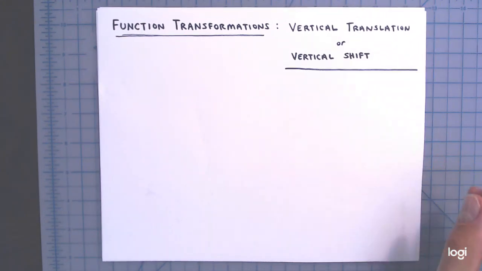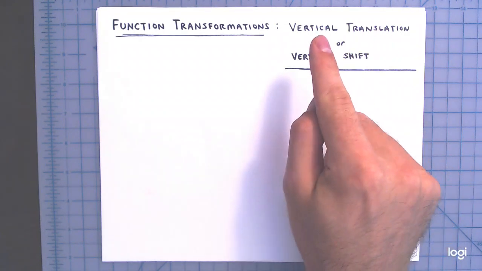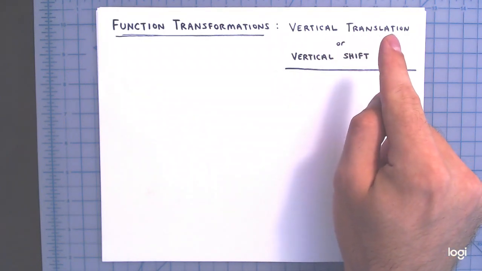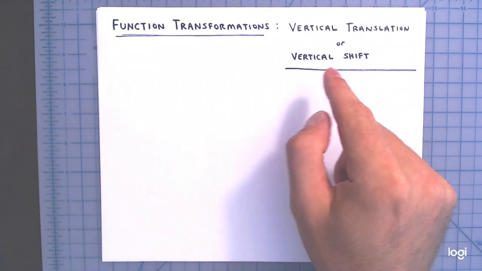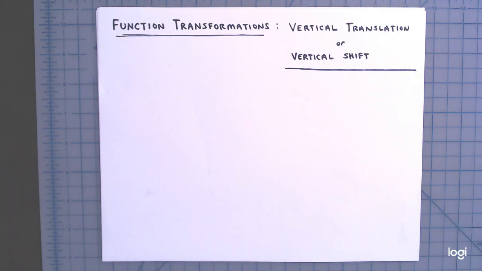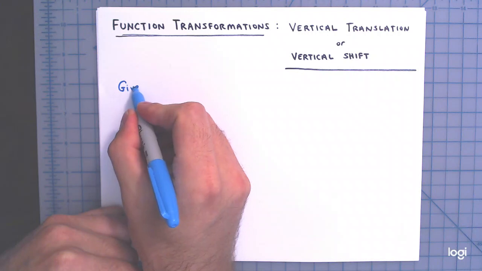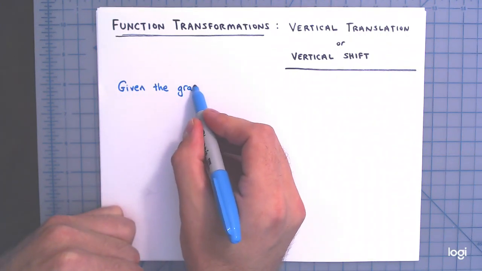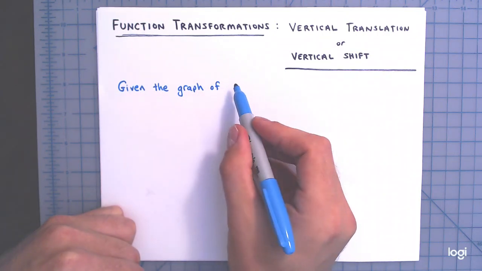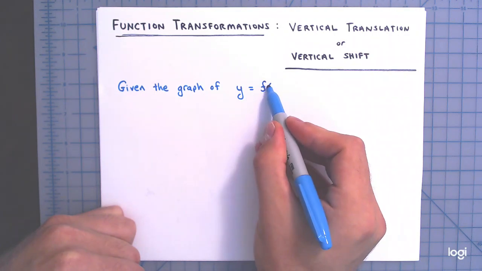So like I said on my first page here, I'm going to be discussing function transformations, and just one particular kind in this video, vertical translations, also known as vertical shifts. So suppose we are given the graph of a function of, say, y equals some f of x.